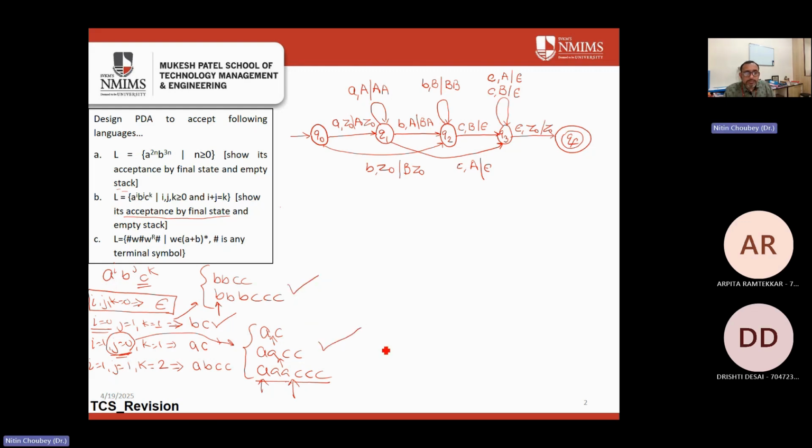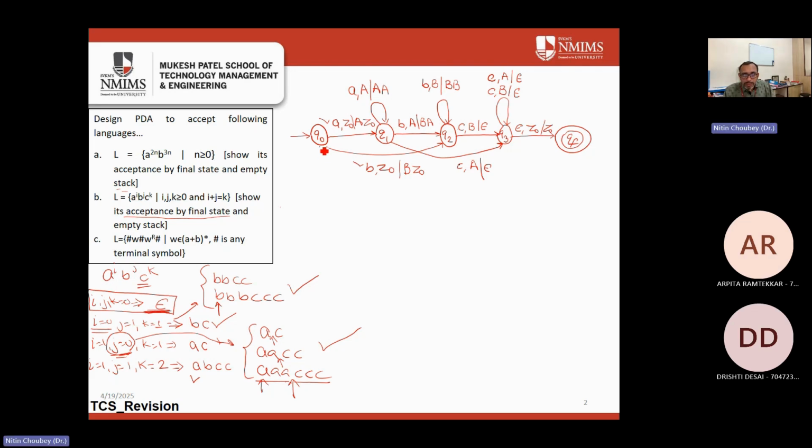We have gone for all non-zero values, and the other two cases are also already checked. Last but not least available is when all are 0. That is this case, which is seen when we have Z0 on the stack top and in input we have epsilon. That means neither A nor B we are getting in the input.